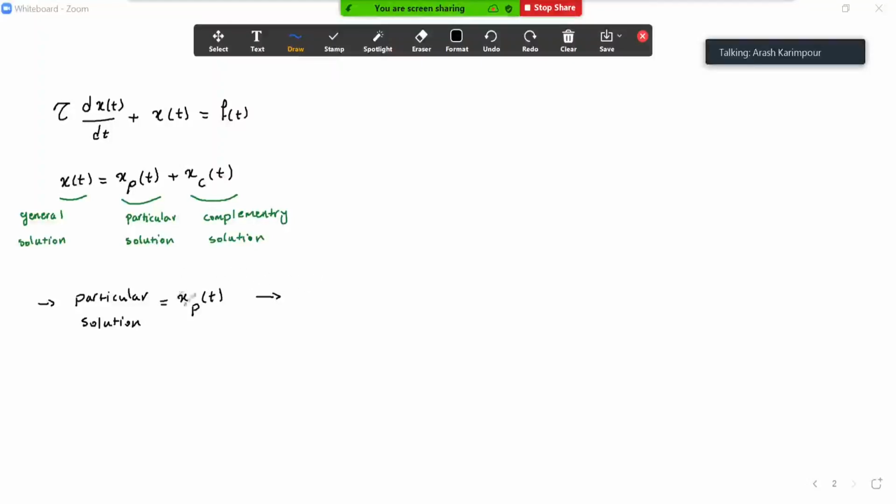So if we put the particular solution in that one, it's going to satisfy that equation, dxp(t)/dt plus xp(t). So it's going to satisfy the original equation if there is a source in there. And the format of that is very dependent on the f(t).